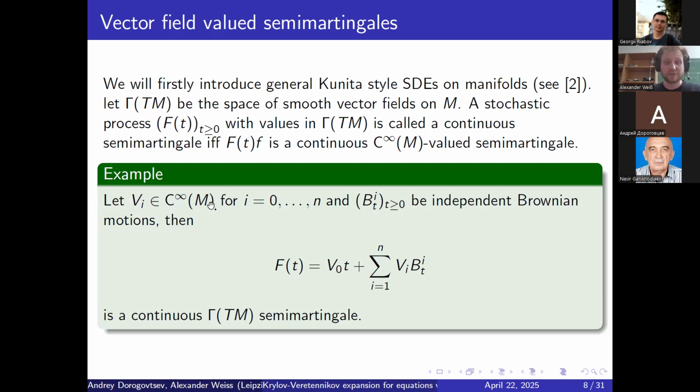This should be a vector field, so it maps from M to the tangent bundle. And let B_t^i be independent Brownian motions. Then the following object here, where the Brownian motions are one-dimensional, is a continuous Γ(TM) semimartingale.